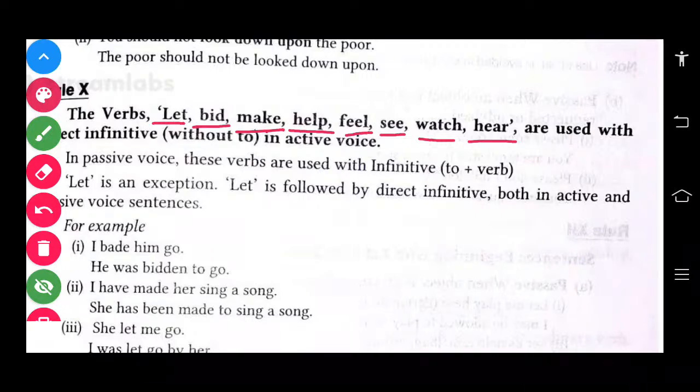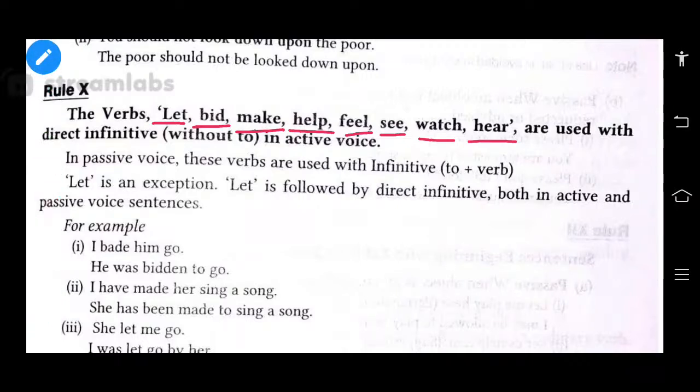Direct infinitive. Yes, correct. Bare infinitive means nothing but the base form of the verb without to. Very good. That is the correct one. So generally when we use these verbs in the finite verb place, the verb that follows as a non-finite verb is to be used without to, like a bare infinitive. It is also called a direct infinitive.